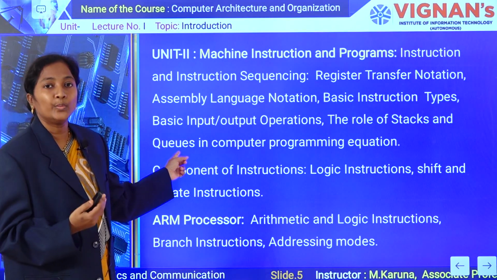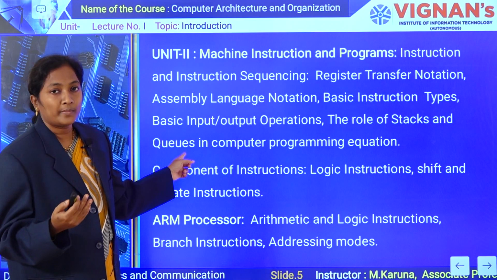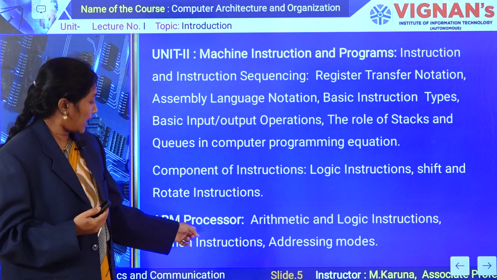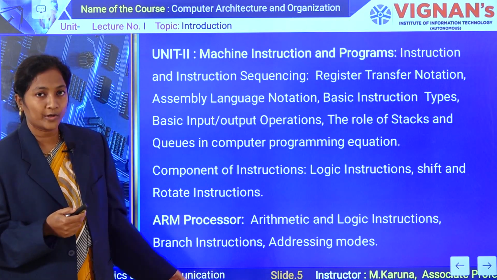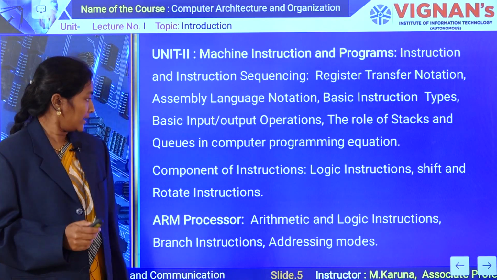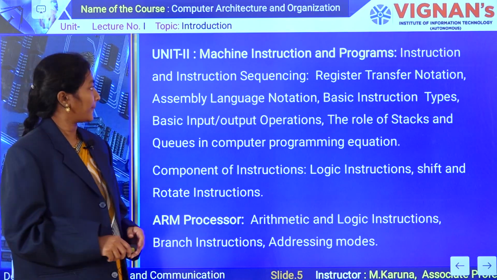And also queue, we can use to store and retrieve data in FIFO manner, first in first out. And I will discuss about modern processor, that is ARM processor, in which we will discuss about arithmetic and logical instructions, branch instructions and addressing modes.